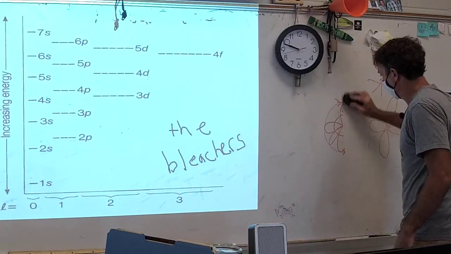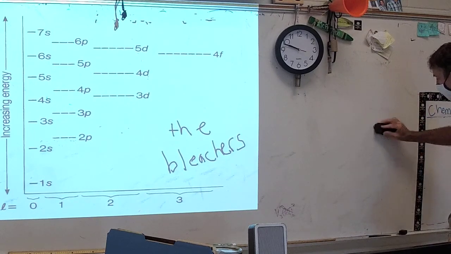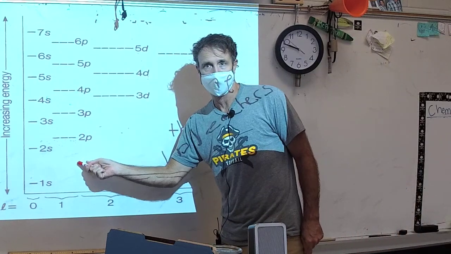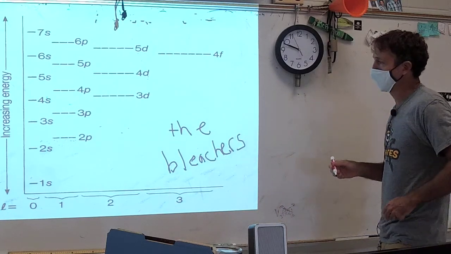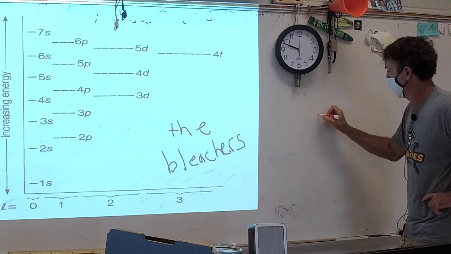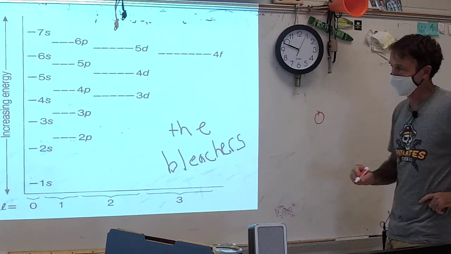I'm going to draw over here to the side the atomic flower as I fill out this electron level diagram. Okay? Here we go. The first part of the atomic flower is an electron moving in an s orbital in one direction.